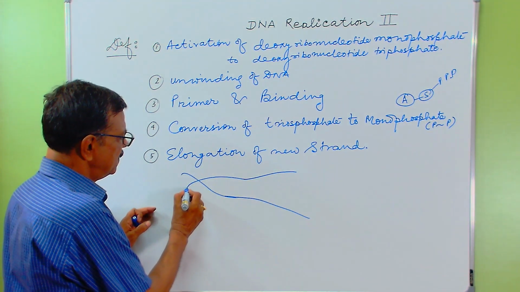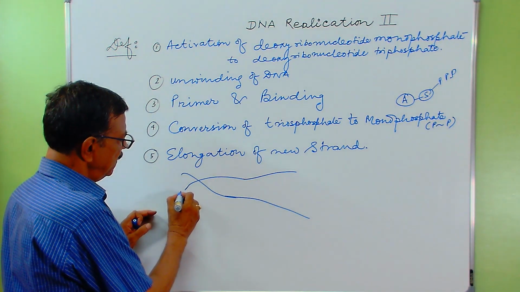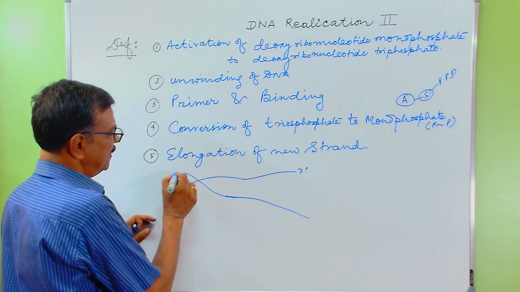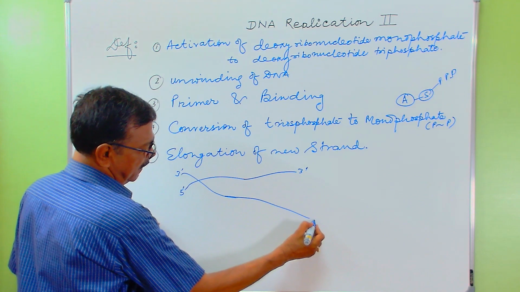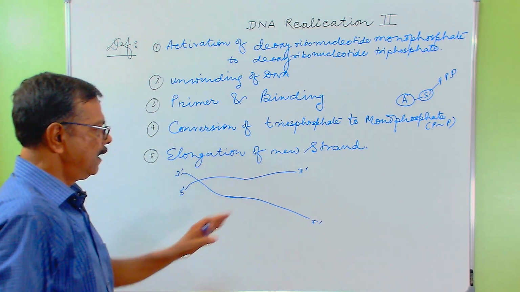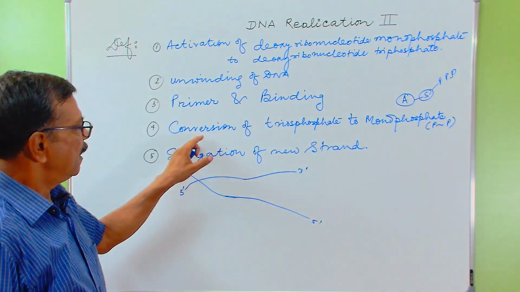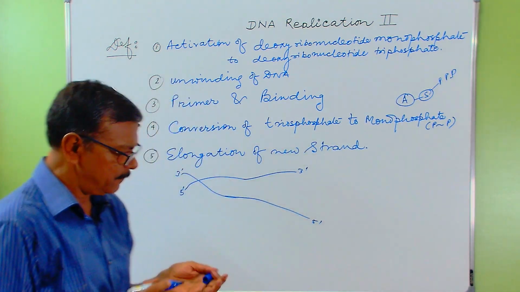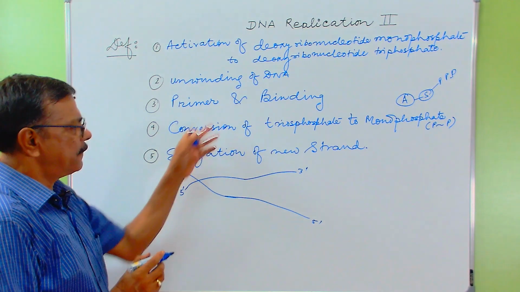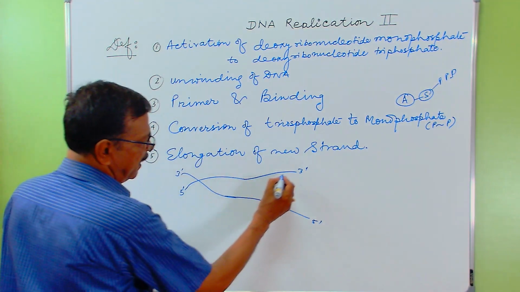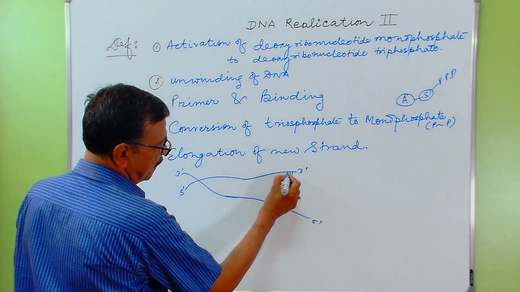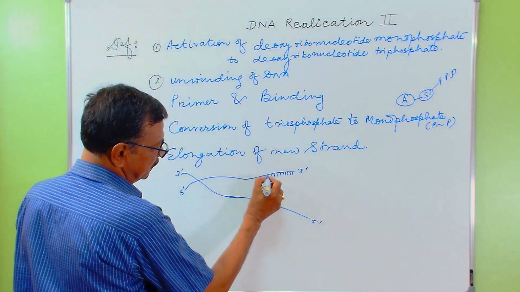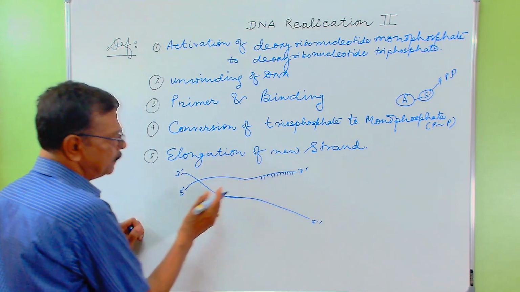So suppose this is 5 prime, this is 3 prime, and this is 3 prime and 5 prime. Now, the primers will come and join. Some primer will come here, some primer will come here first, and thereafter the strand will go.